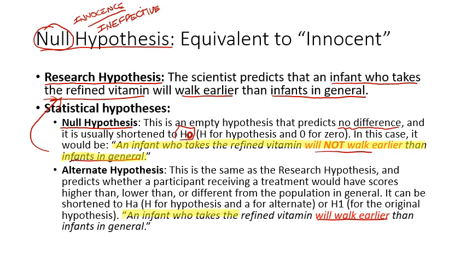This is the research hypothesis. And you'll see that the only difference lies in what the outcome is going to be. In the case of the null hypothesis, the prediction is that the infant will not walk earlier than infants in general, and here we just have will walk earlier. That's the only difference in those two statements.